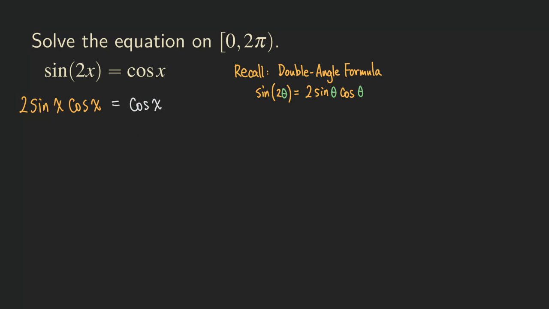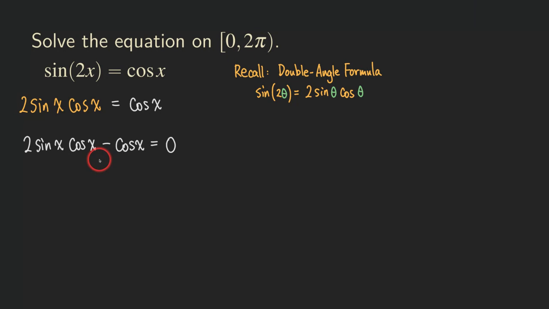So another way to do it, which is actually giving you the same thing, is that you are just going to move everything to one side of the equation, and keep 0 on the right hand side, right? So let's do that. Let's subtract cosine x from both sides. And if we do that, then we are going to get 2 sine x cosine x minus cosine x, and that's equal to 0.